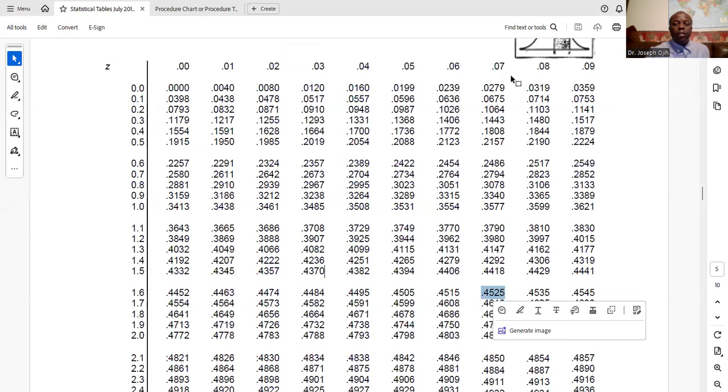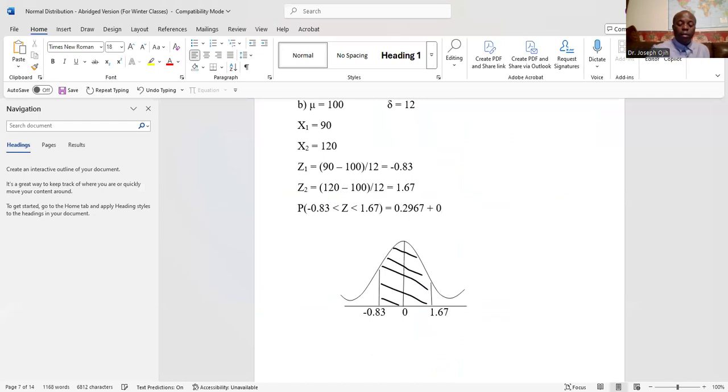I see 7 right there. The value is 0.4525. So we can go and put 0.4525.